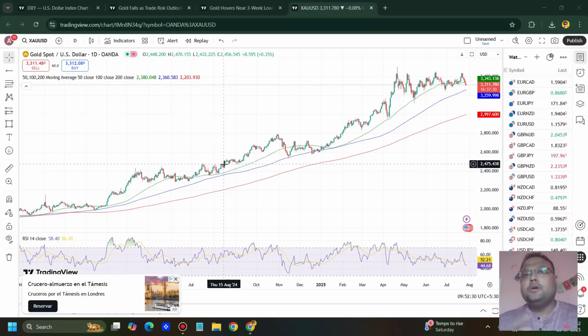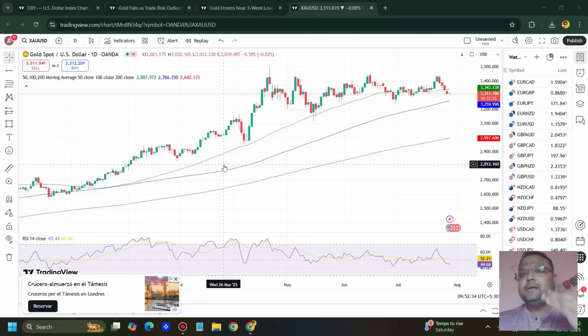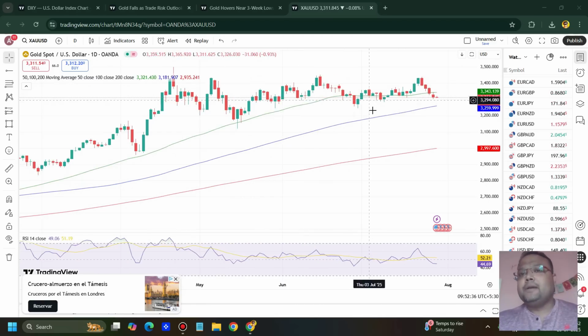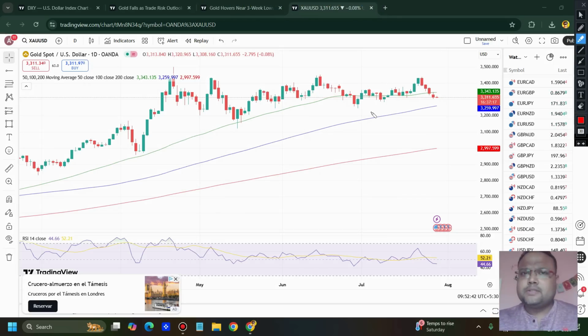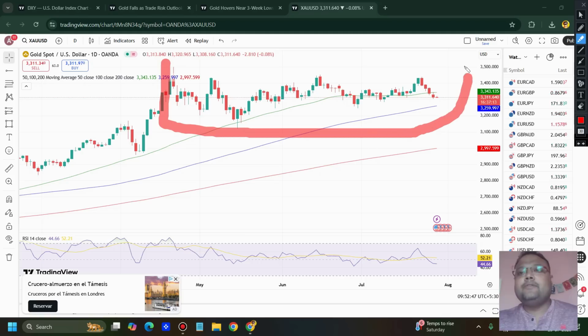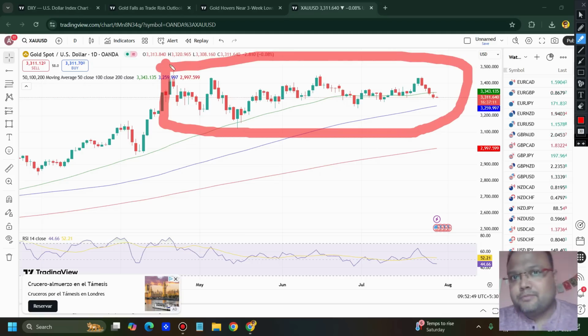If you're planning to hold for a couple of days, you can take a sell position if gold is heavily bearish. But I think this is not the right time, because there is a good chance that this week we may see some sort of trend reversal, at least temporary, because gold has been sideways for the last couple of months.